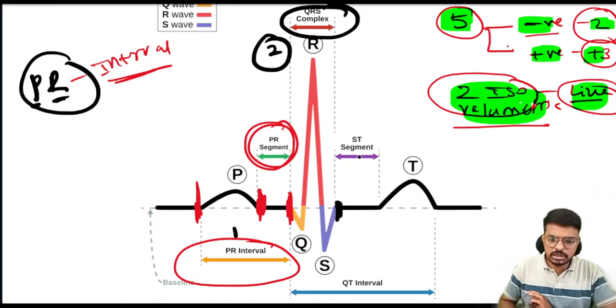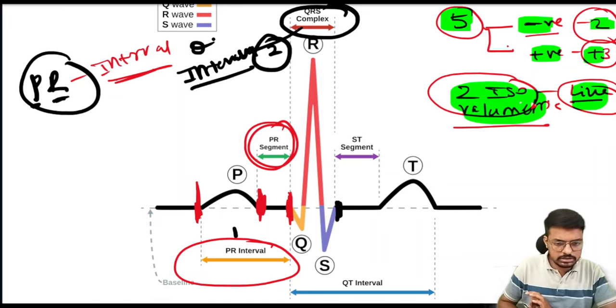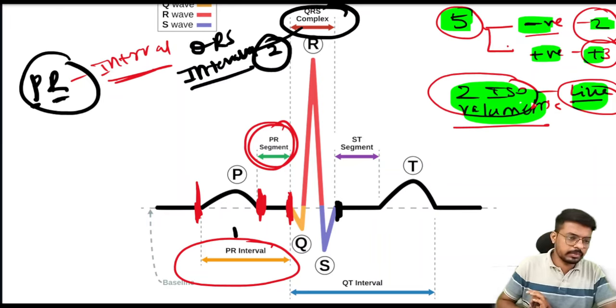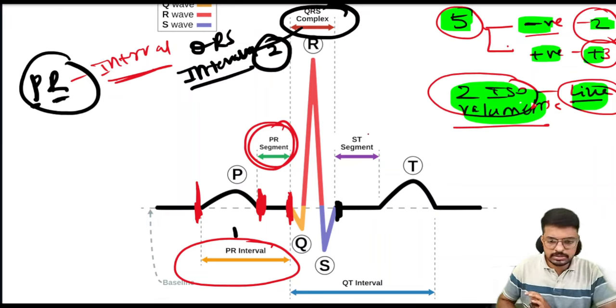That is what we call the QRS complex. This QRS complex is also called the QRS interval, and it is also considered an interval. Very important. Then the next one is the ST segment, which is not considered under the interval.